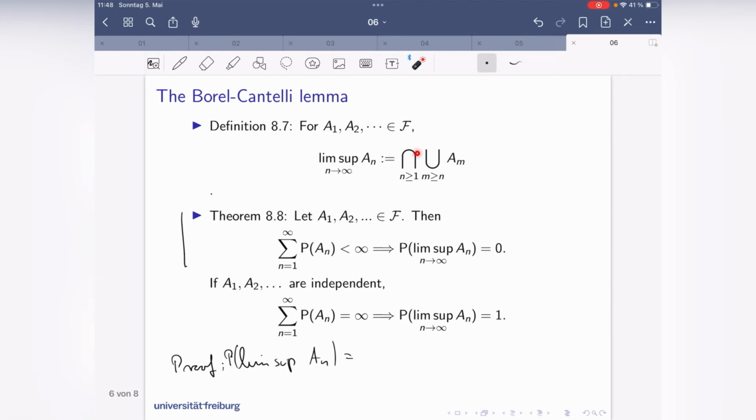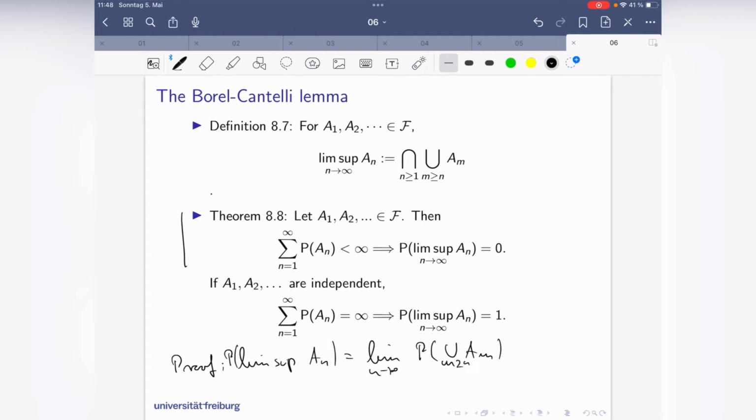And when you look at these unions, the index set becomes smaller and smaller the larger N gets, which means that this is a decreasing sequence. And since measures are continuous, you can use this and write that it's the limit as N goes to infinity of the probability that the union of A_M, M bigger or equal to N, holds.